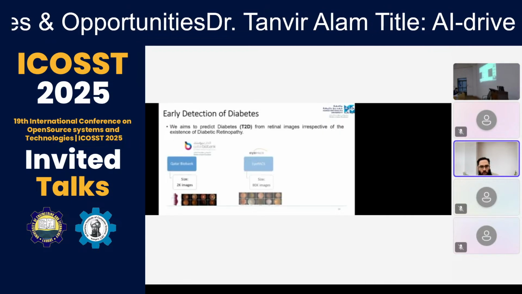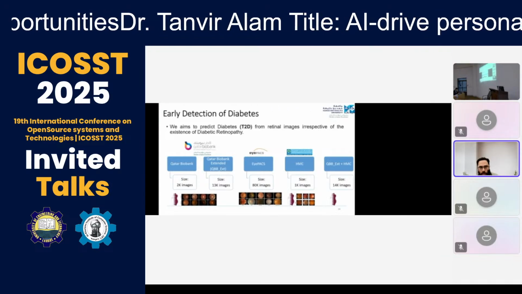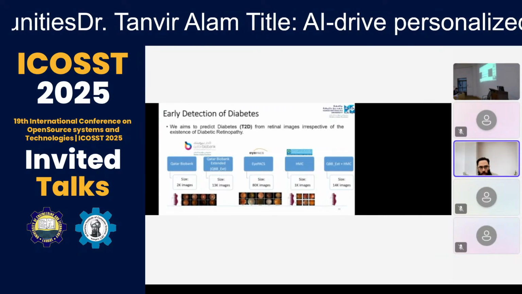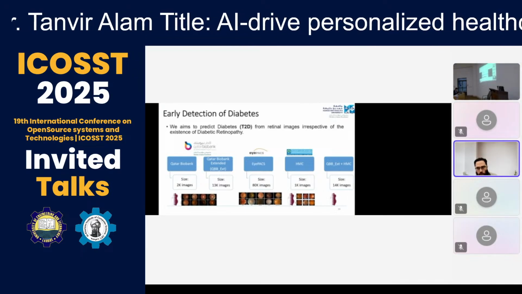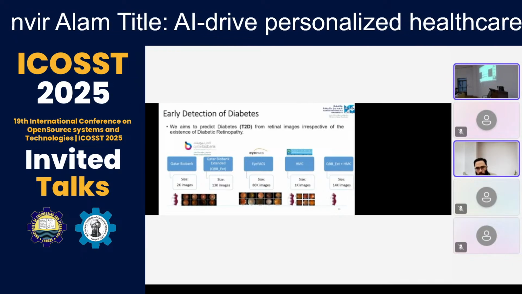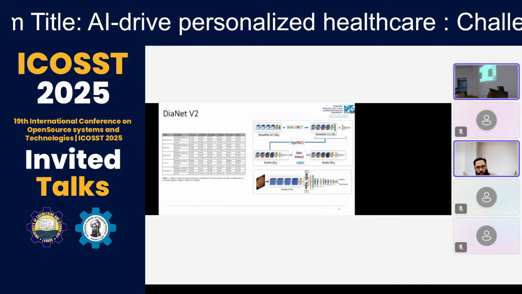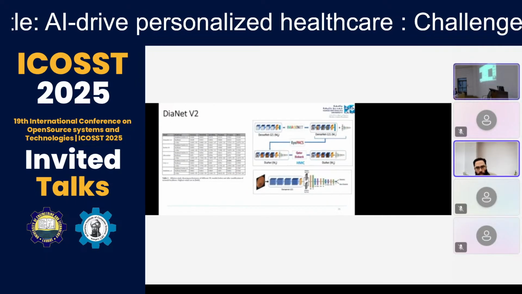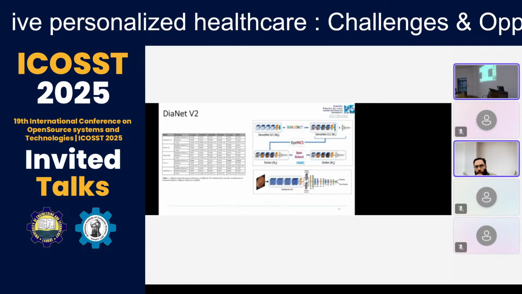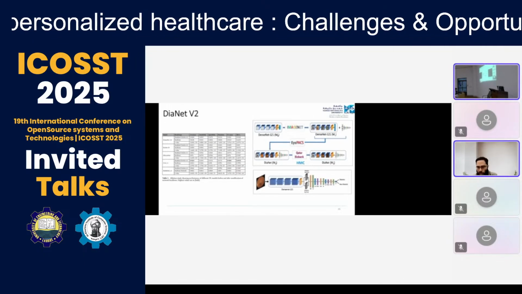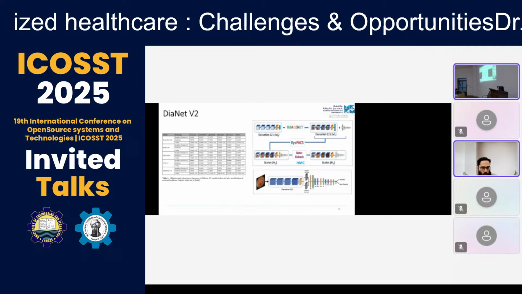So to overcome that, we initiated a project with Qatar Biobank. These are all local residents in Qatar, and we also collaborate with a public hospital, Hamad Medical Corporation. We developed an AI model for the early detection of diabetes using Qatar Biobank data and validated it on a Hamad Medical Corporation cohort.